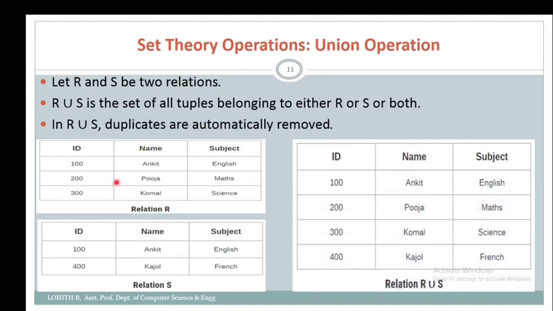You can see here in the relation R, I have id 100, 200 and 300, and in relation S, I have id with 100 and 400. When I combine both, R union S, the resultant output will be 100, 200, 300 and 400. There will be 4 rows, and the duplicate value 100 will be removed automatically using this set operation.